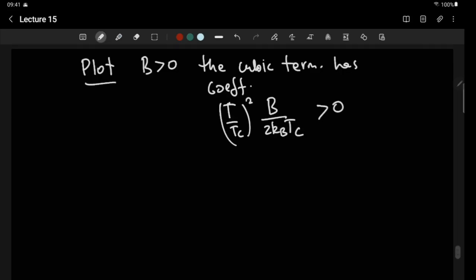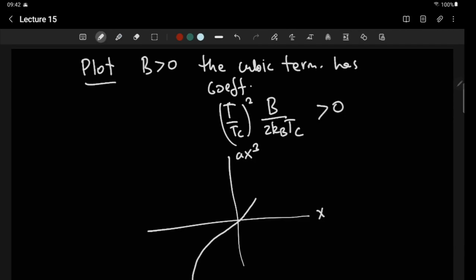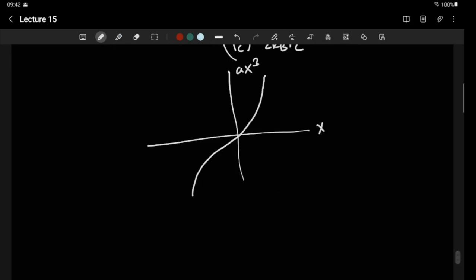So if you plot just the cubic part, a cubic function, some a x cubed versus x, it has this behavior. Right? What does it do? It pushes. Okay, so this is positive and negative.